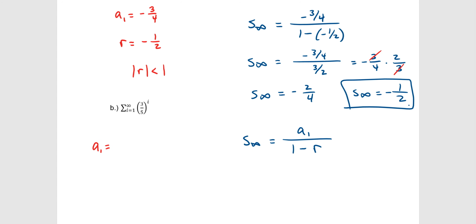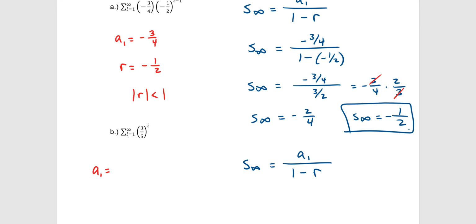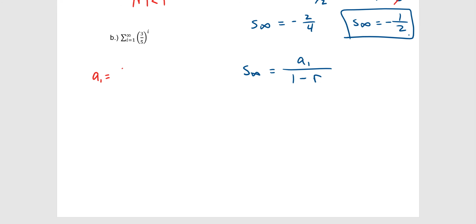If you see how we had i minus 1 in the previous one, this one has i. So it does get a little bit tricky with that index. But the good thing is all you have to do is plug it in to find out what it's going to be. We plug in a 1, and this time we just get 3/5 as our first term. Our common ratio is also going to be 3/5. It's just whatever is being raised to the exponent, so 3/5.